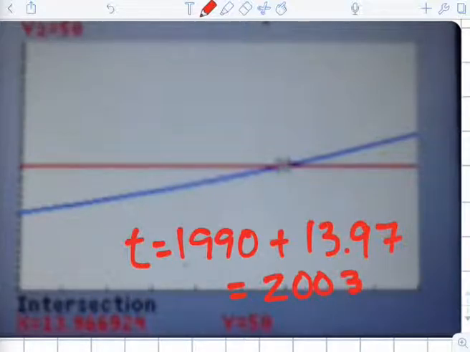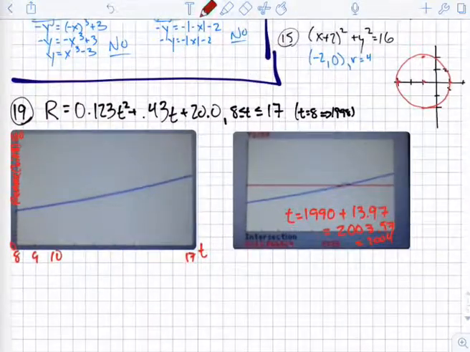It's not going to round up, so we want to estimate the year as 2003, closer to 2004. That's all they wanted us to do. So it's 2003.97. If you want to round that up, it goes to 2004. Okay, so that is 19 on the calculator.